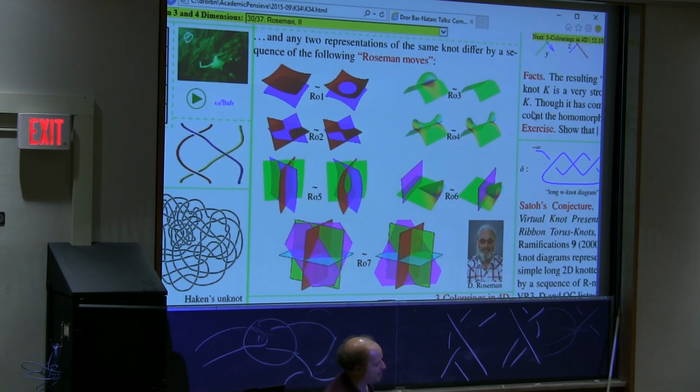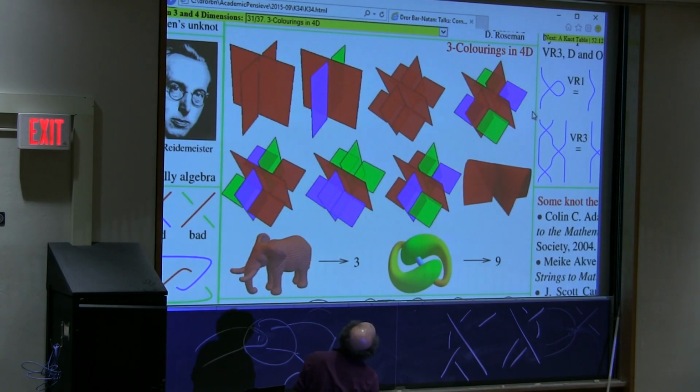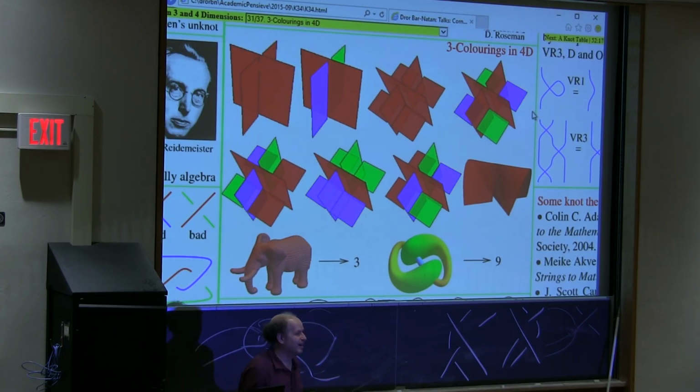And then Roseman's claim is that that's all. And then the other claim is that the 3 coloring invariant of before still makes sense and is still an invariant. So again, what I color now is the patches of surface.